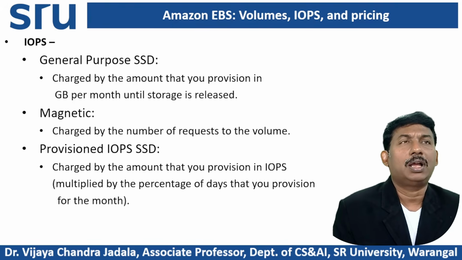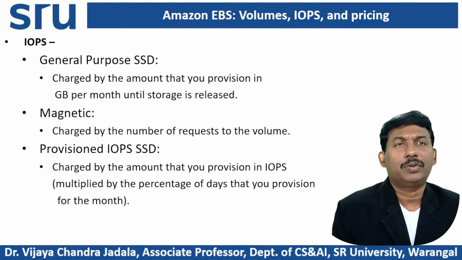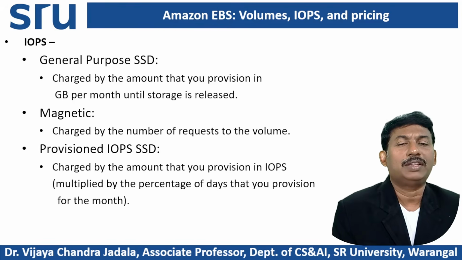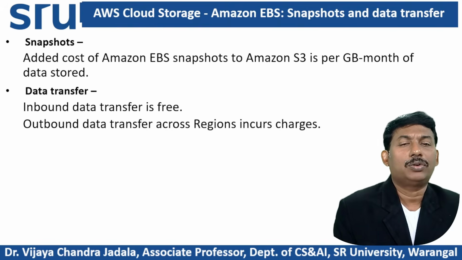Every month AWS will send the root user the billing. So the provisioned IOPS of SSD and the large volumes related to Elastic Block Storage will be billed through the billing system to the root user.